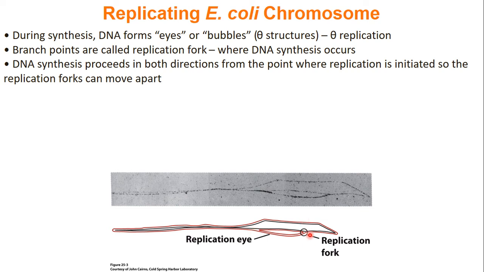And this is where DNA synthesis is occurring. And E. coli will replicate in both directions from the start of replication. So the replication forks will go in opposite directions of each other and will move apart while they are making a copy of the DNA.